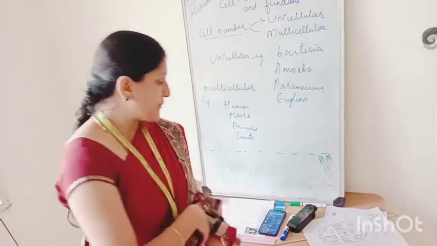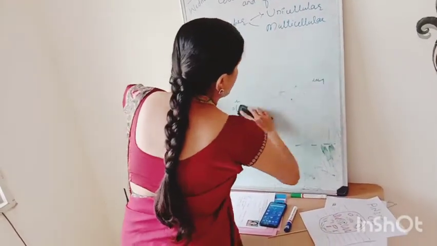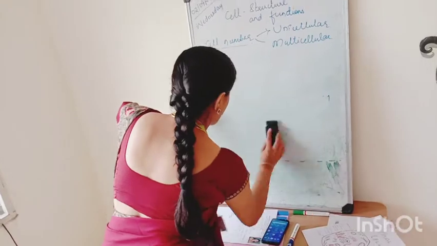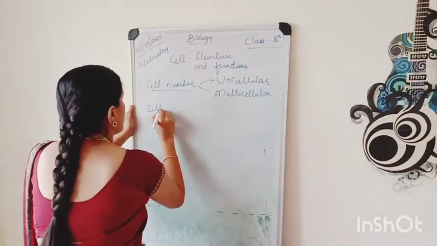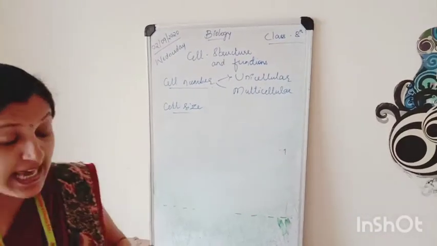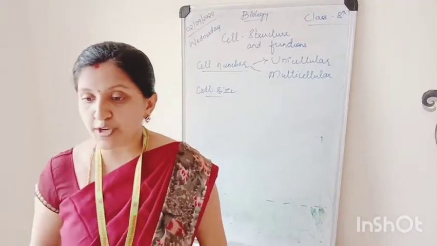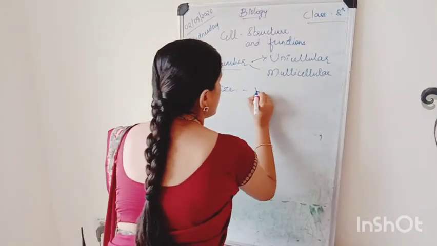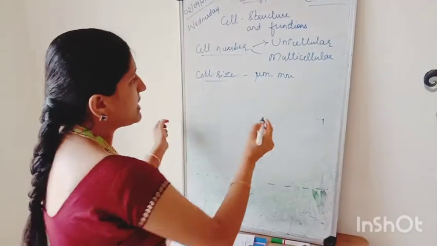Then coming to cell size. Cell size can vary from micrometers to millimeters or centimeters.